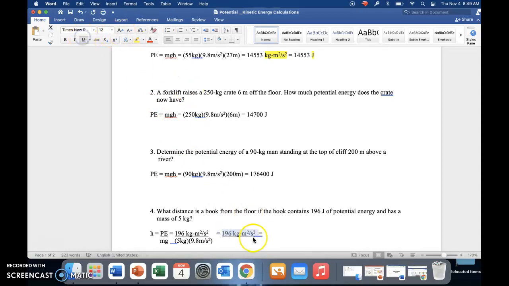And underline that. And in this case, 5 times 9.8 happens to be 49.